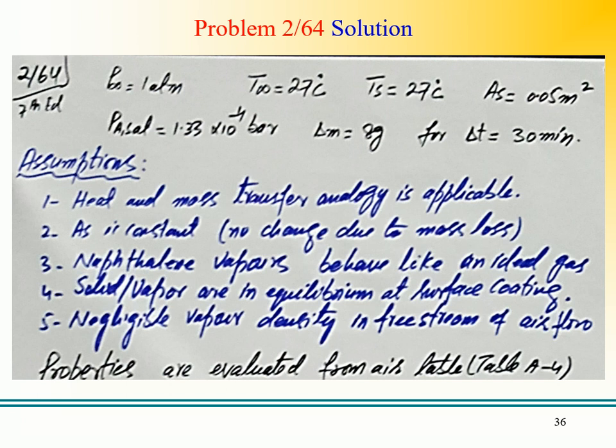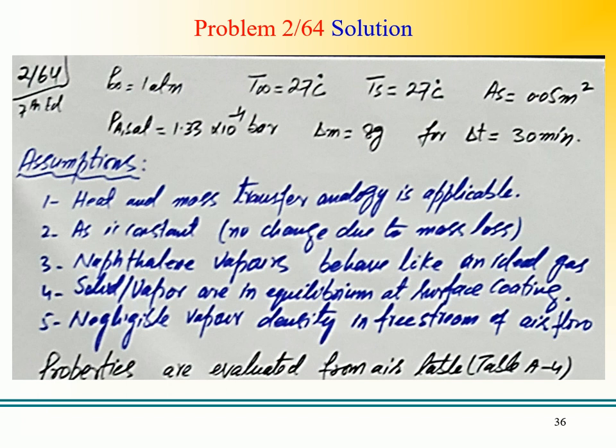It means the surface and the environment are at the same temperature. The surface area is given as 0.05 meters square, and the saturated pressure is 1.33 × 10 to the minus 4 bar. The mass being evaporated is 8 grams. In how much time? 30 minutes. The assumption we made for solving this problem: the heat and mass transfer analogy is applicable.